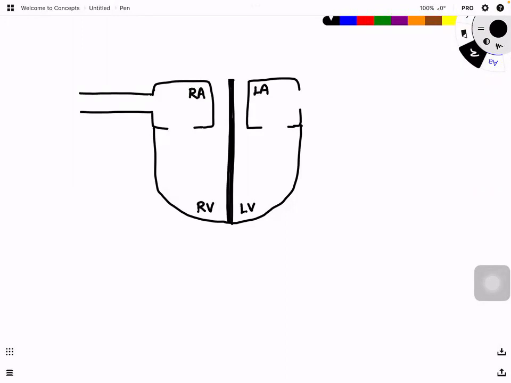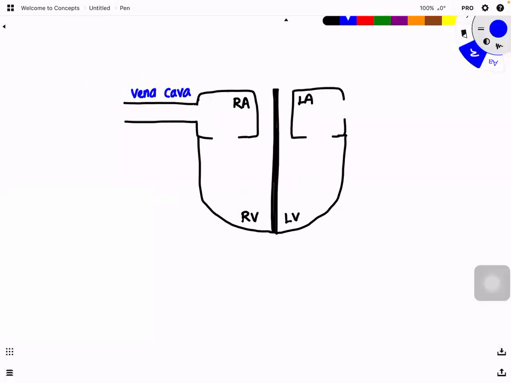Okay, so the first blood vessel that passes the blood into our right atrium is termed the vena cava, okay, singular. But in fact, we have two. We have the superior and inferior. Okay, so the blood enters. I use a blue color to indicate that it's deoxygenated blood.